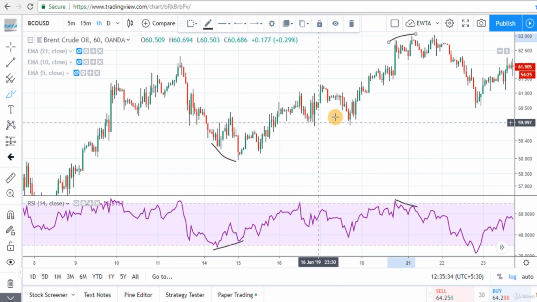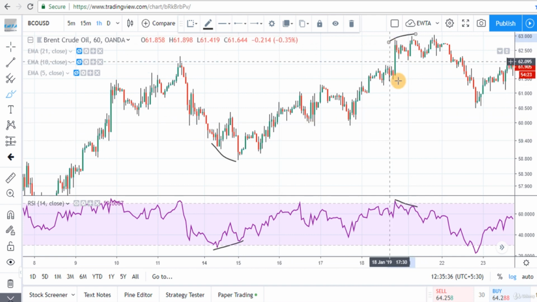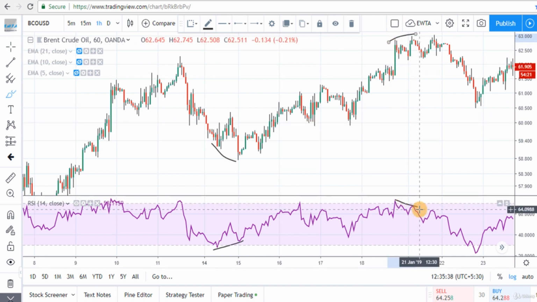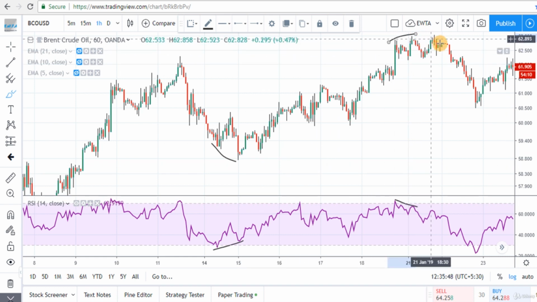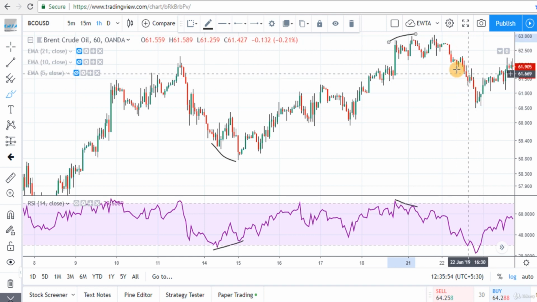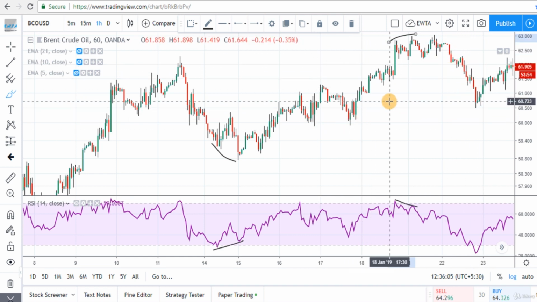In the opposite case, prices are going in an upward direction but RSI is going in a downward direction. It shows that the uptrend can end now and a retracement is imminent, because the price action and indicators should agree and move in the same direction.